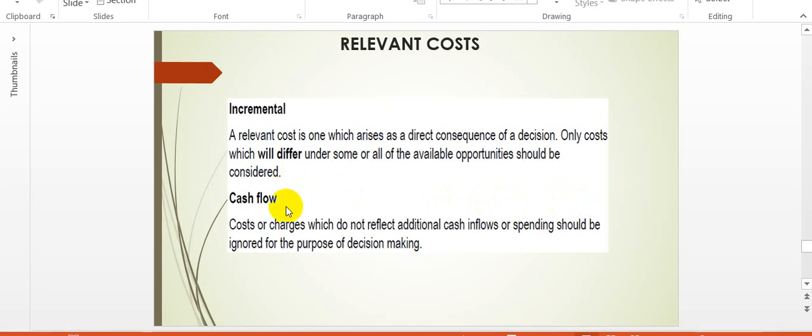We've already touched on cash flows, that a relevant cost should be a cash flow. So costs or charges which do not reflect additional cash inflows or spending should be ignored for the purpose of decision making.